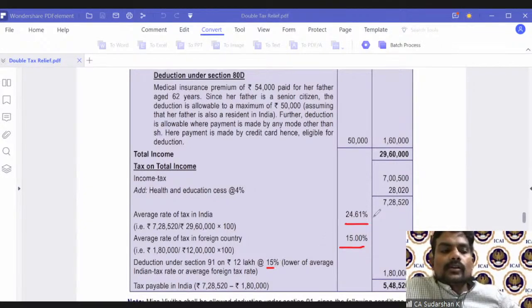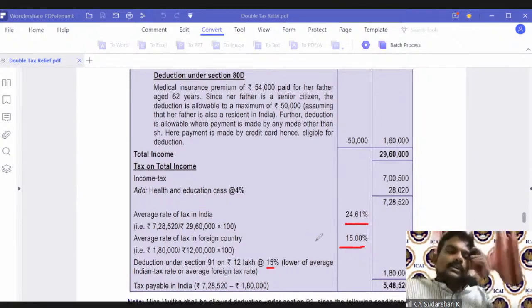My average rate of tax in India is on the higher side in this example, which is 25, and my average rate of tax in the foreign country, where they have tax at 15%. Now I'll get credit for the lower of the average rate of tax in India or the average rate of tax in the foreign country.